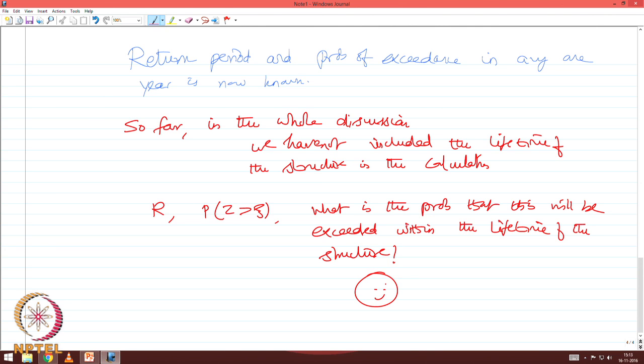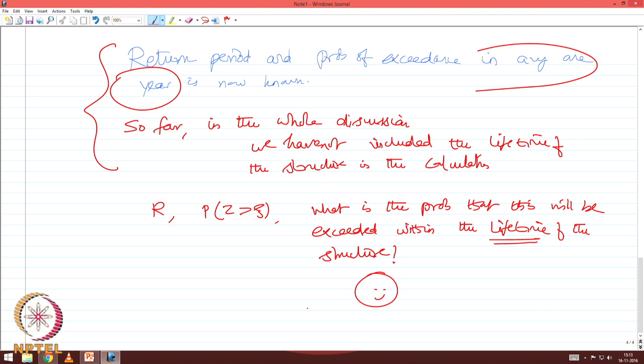He is not interested to know the conventional probability of exceedance of any specific event in any one year, but he would like to know will that happen in any one year within the lifetime of the structure. So, it is very evident and mandatory that one should now link the lifetime of the structure with the return period or probability of exceedance of that event within the lifetime of the structure.